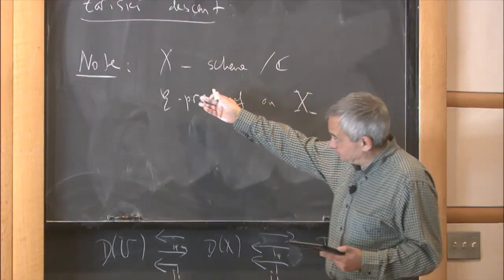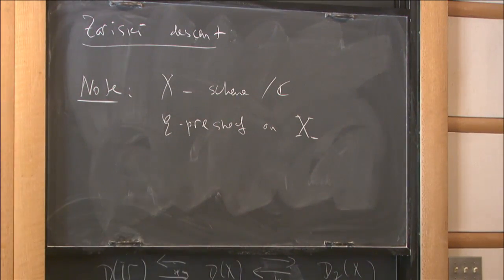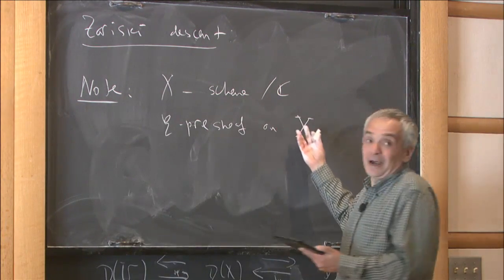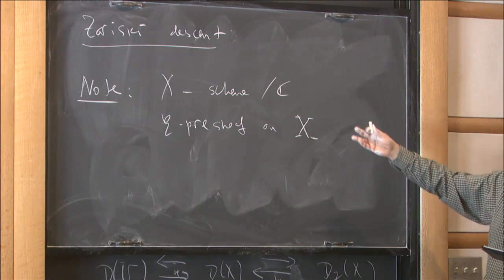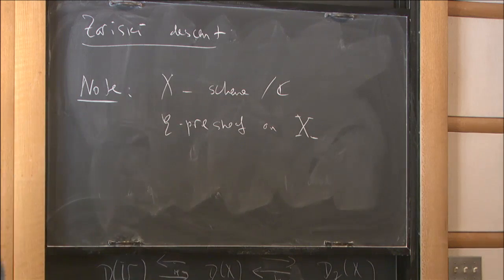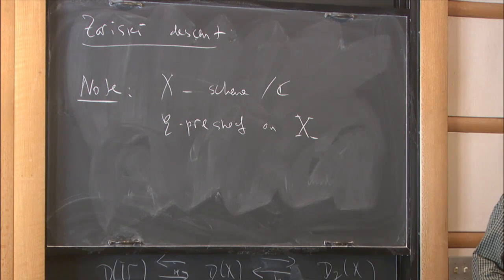If systems of local sections of E, which are compatible on overlaps, glue uniquely into a section. So this works for arbitrary sheaves, sheaves of sets, even sheaves with values in infinity categories, anything that has reasonable homotopy theory. So that's the usual notion of descent.